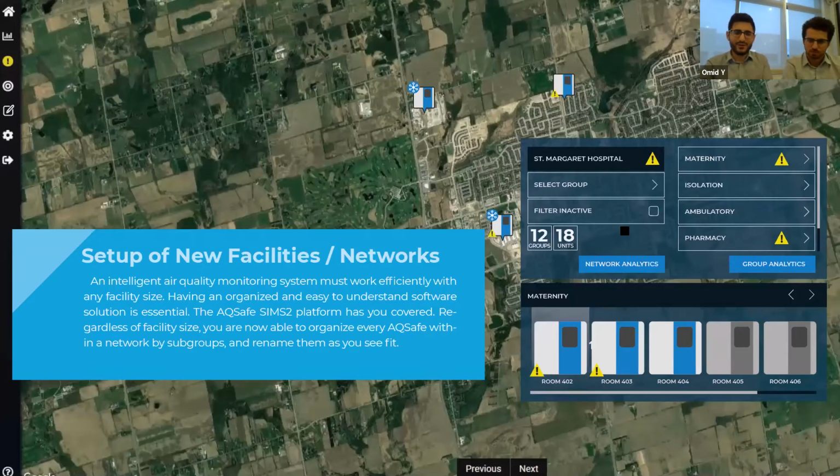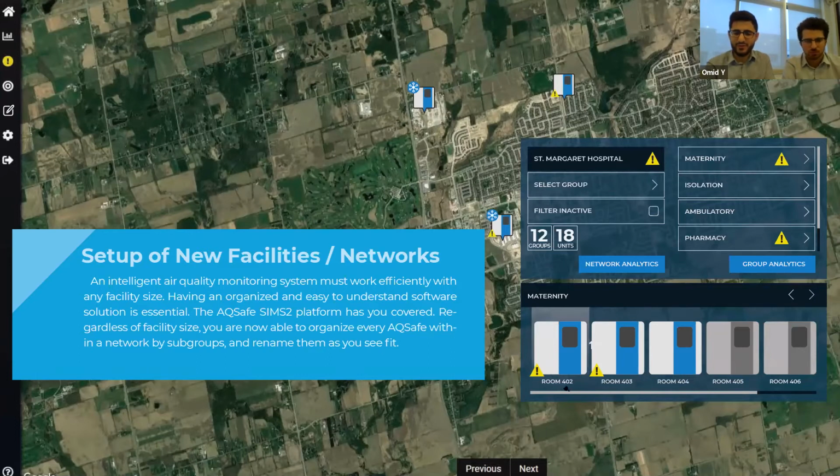Now, what does it look like to set up multiple units in a big facility? Here we have an example of a deployment in a hospital. Let's say in a hospital we have different wards, for example, maternity, isolation, ambulatory, and pharmacy. In each of the wards, you can have multiple units deployed. Here you can see, for example, in the maternity ward, we have multiple units.